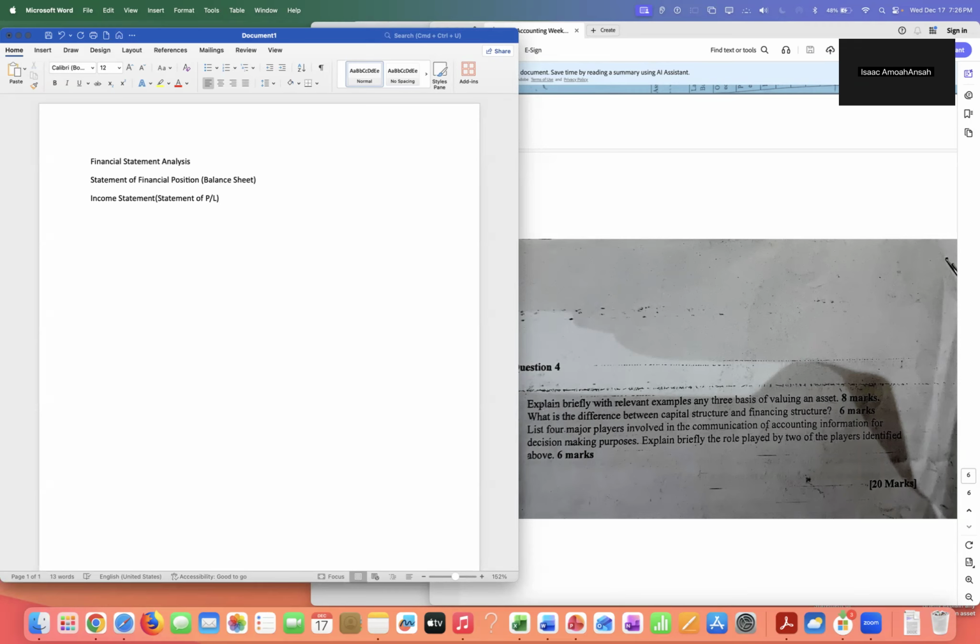The tools that we would use in performing the analysis are three, right? We are likely to use horizontal analysis.